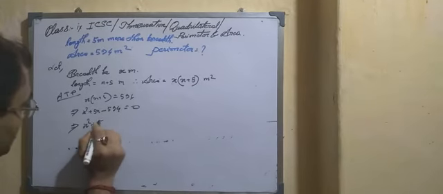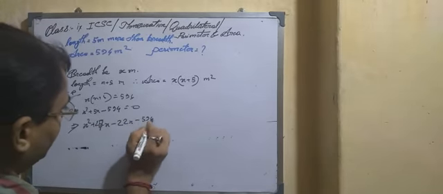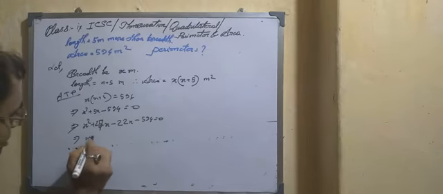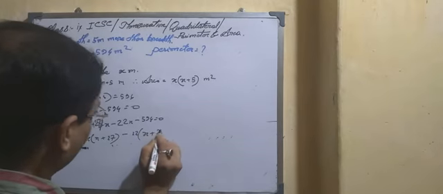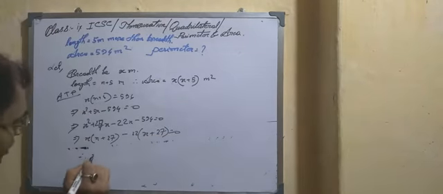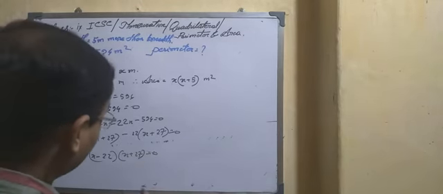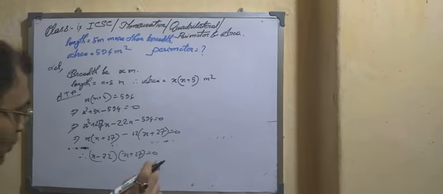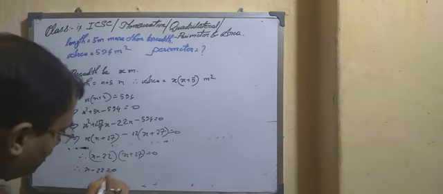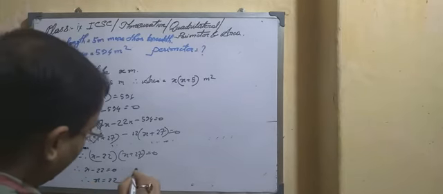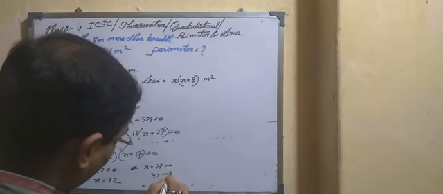We can write 27x minus 22x minus 594 equal to 0. We can take common x from here, and we can take common 22 from here, that means x plus 27 equal to 0. Therefore x minus 22 and x plus 27 equal to 0. When the product of two terms equal to 0, each term is 0. Therefore x minus 22 equal to 0, so x is equal to 22, and x plus 27 equal to 0, that means x is equal to minus 27.